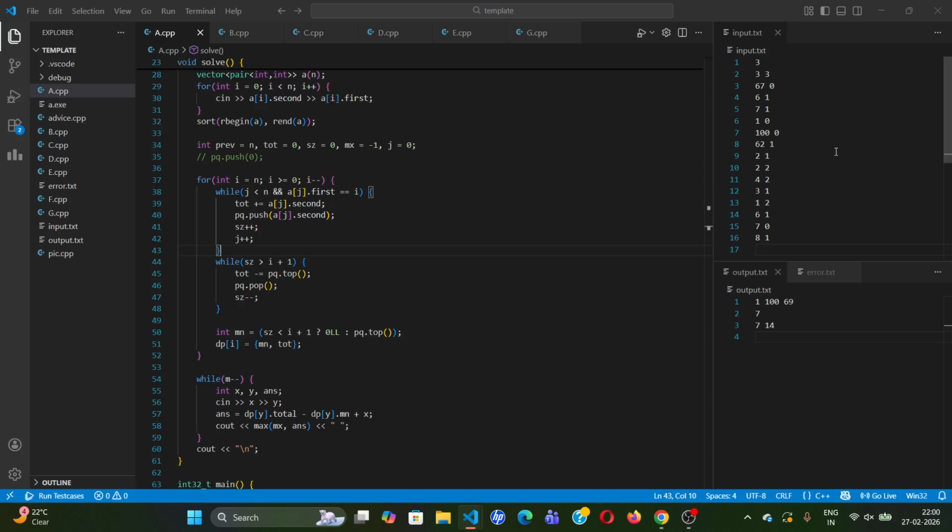First equals to i. Okay, it became yes, size plus plus j plus plus. Total minus equals to pq dot top.